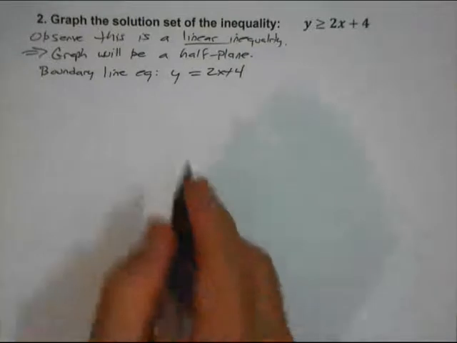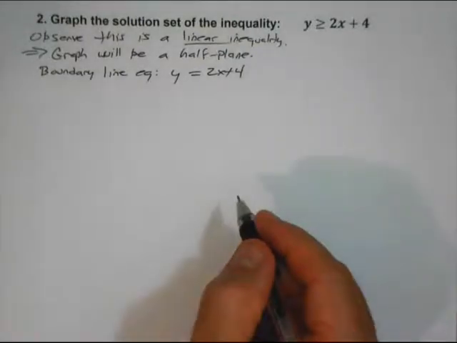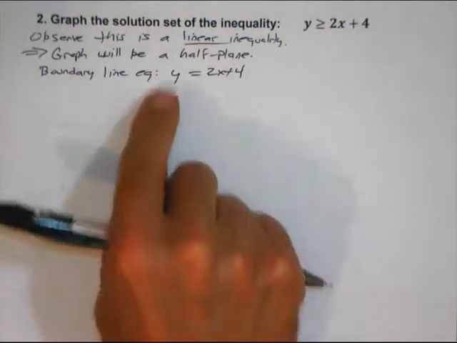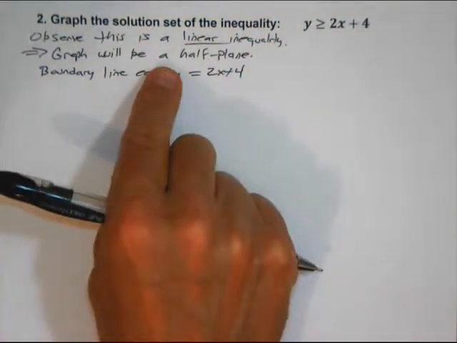In graphing this, we could size up the intercepts. If x is 0, y is 4. If y is 0, x will be negative 2.